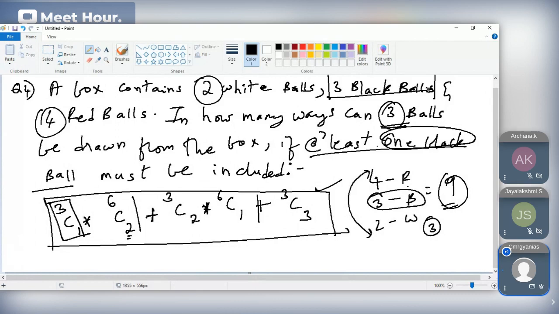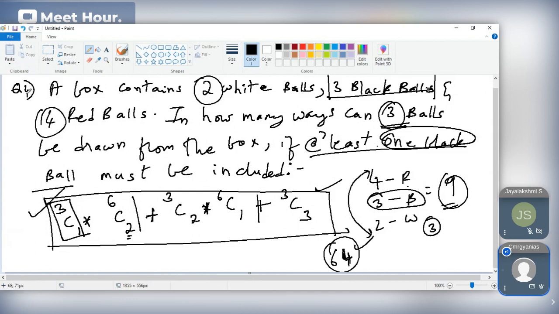Give me the final answer now. So 64. How much? 64. Yes, exactly, correct. 64 is the correct answer.